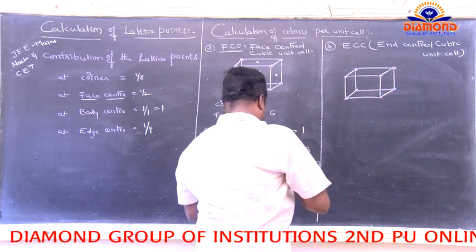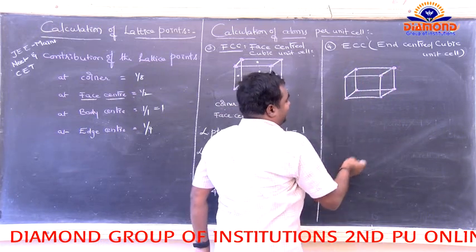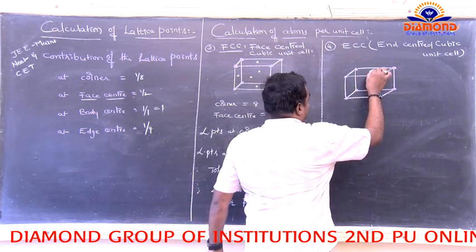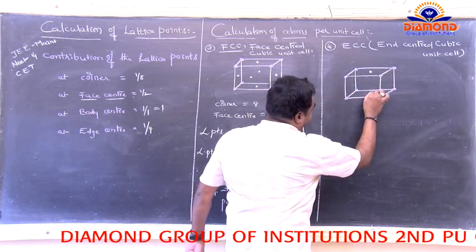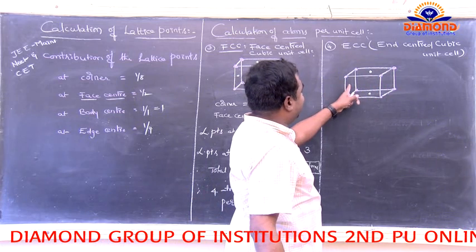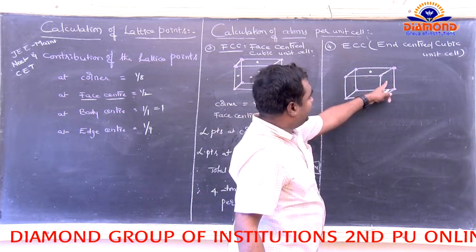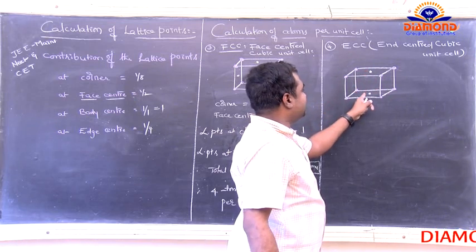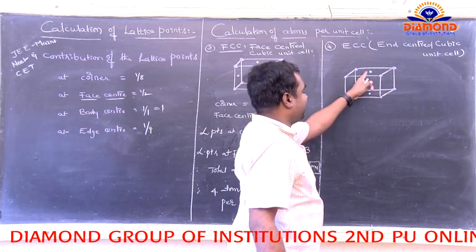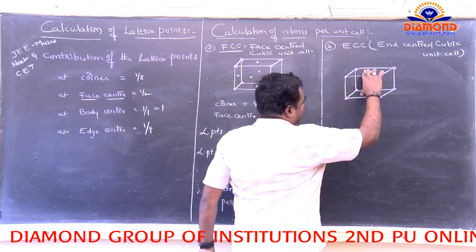It means if we choose the left face here, the opposite face belongs here. Any two opposite faces only you have to choose the lattice point. So I am choosing these two opposite faces.